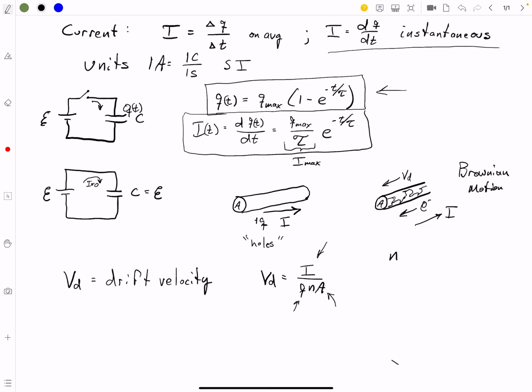That's the area of our wire. So what is n? n equals the number of free electrons per volume. Okay, so the number of free electrons that are able to move around per volume. This is material dependent.